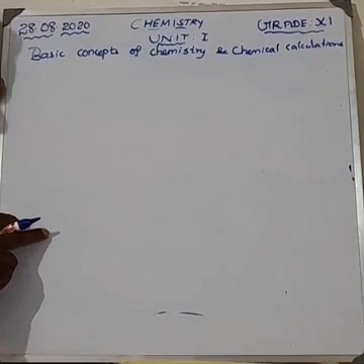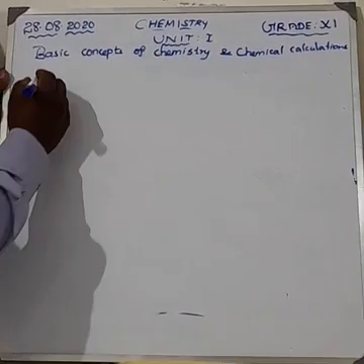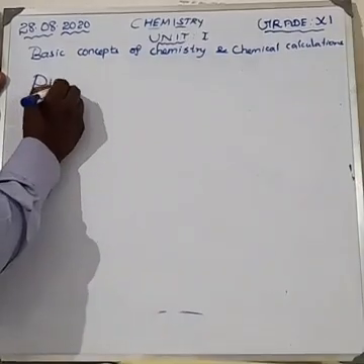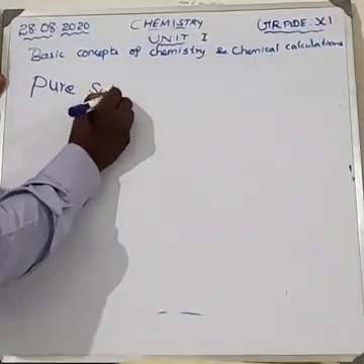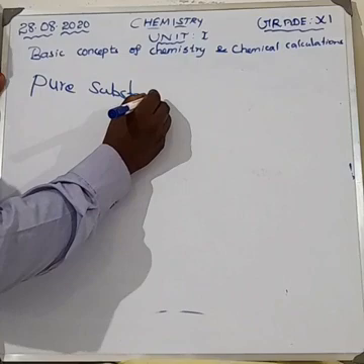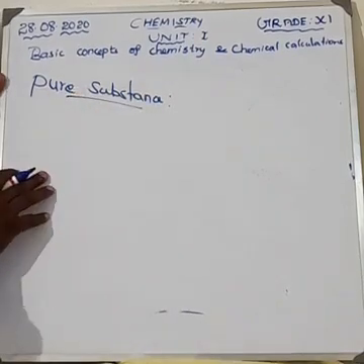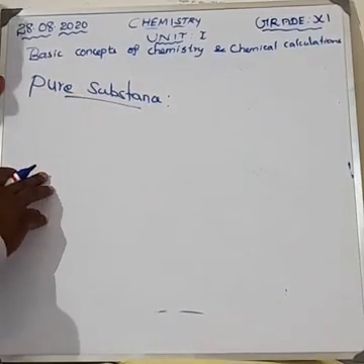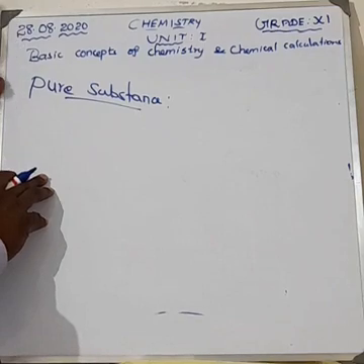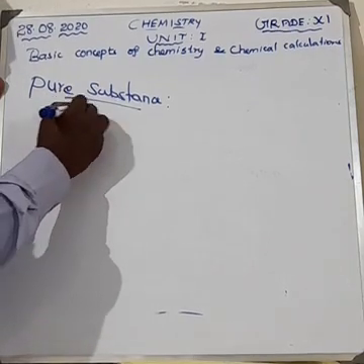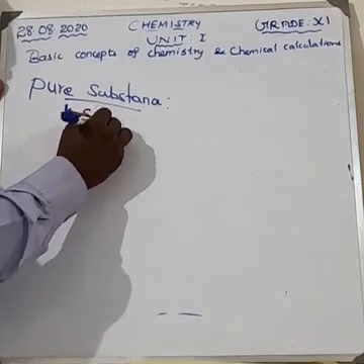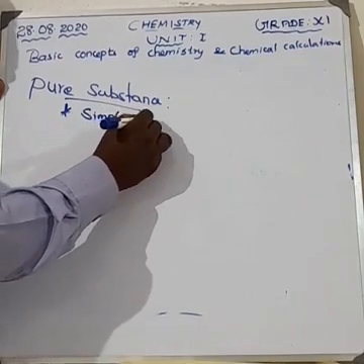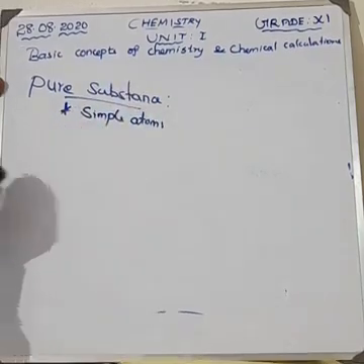The next one is pure substance. Pure substances are composed of simple atoms or molecules.